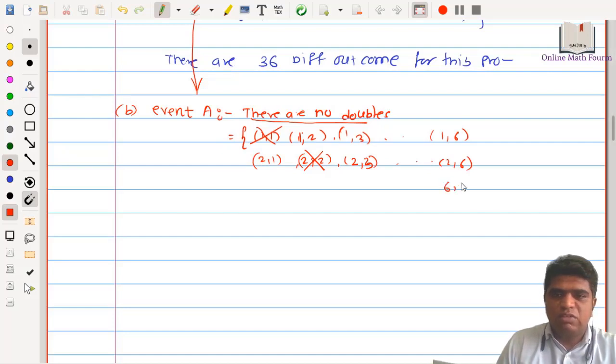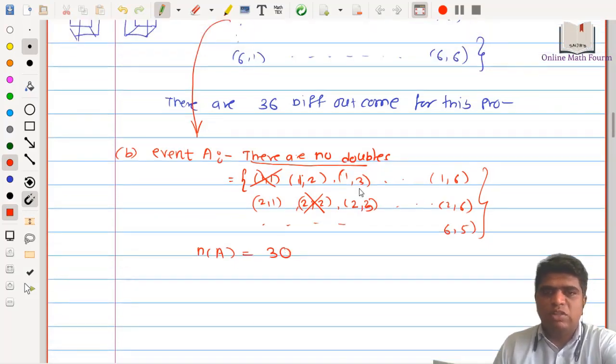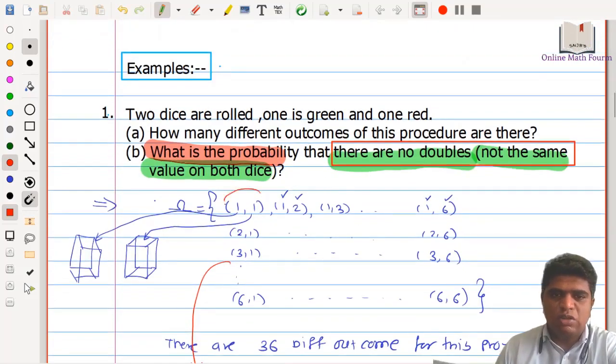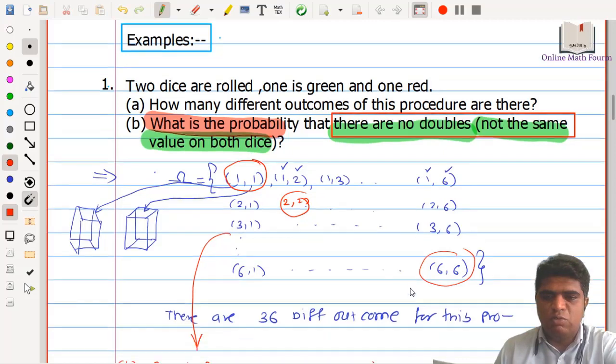The last one is 6,5. So the number of elements in A is 30, because we remove 1,1, 2,2, up to 6,6, six sets.